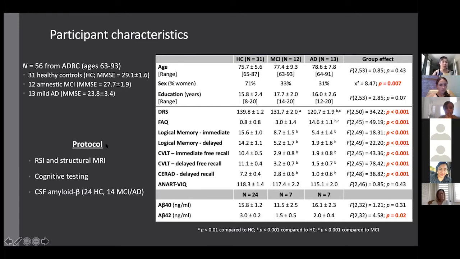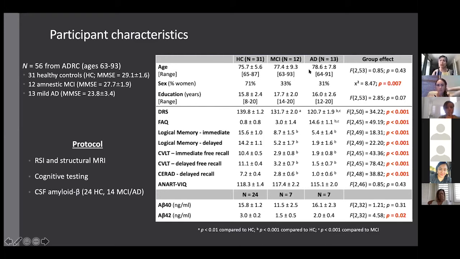This group of participants attended a visit in which they completed RSI and structural MRI. They also underwent comprehensive neuropsychological testing through the ADRC, and a subset of 38 participants underwent lumbar puncture for measurement of CSF amyloid beta.